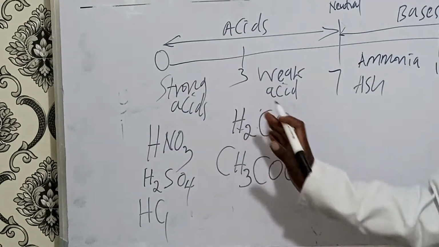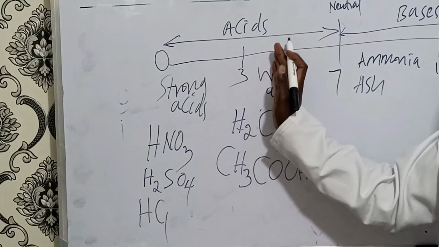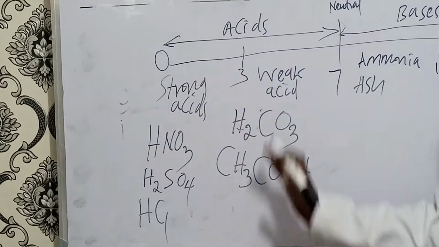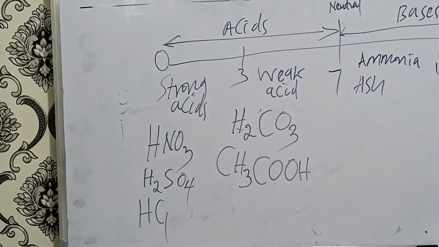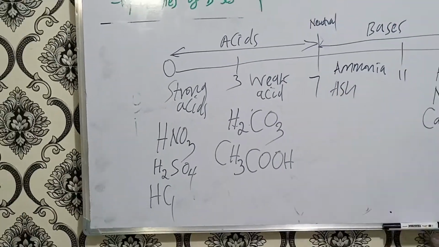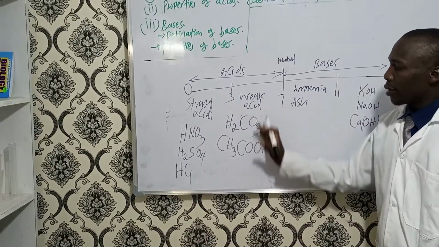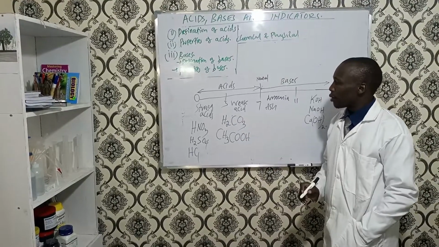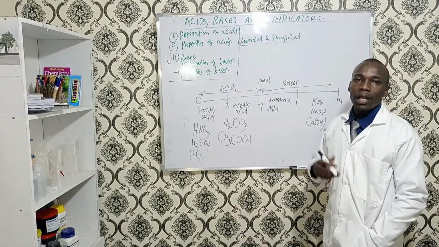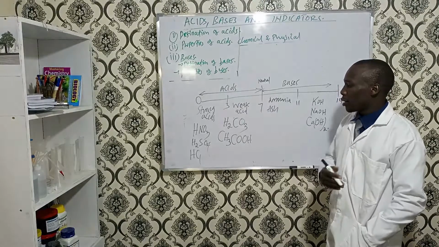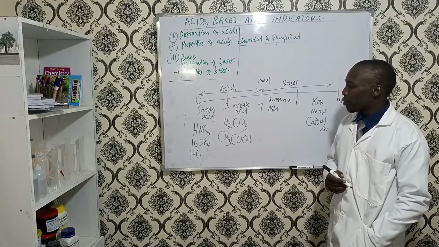Now, strong acids normally have a pH of less than 3, while weak acids have a pH of more than 3. And the reason why we have these substances being weak acids is because they don't dissociate completely in water to give us hydrogen ions as the only positively charged ions.